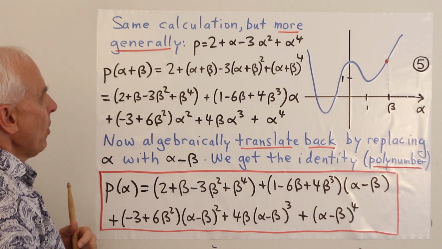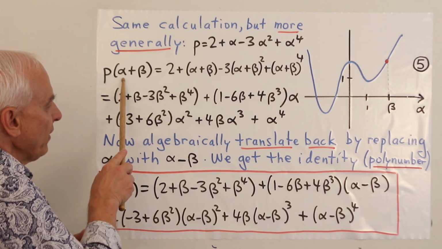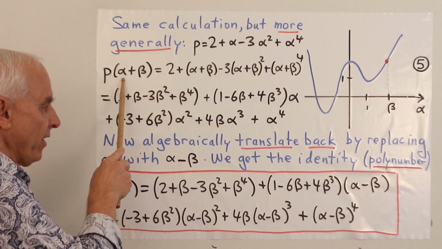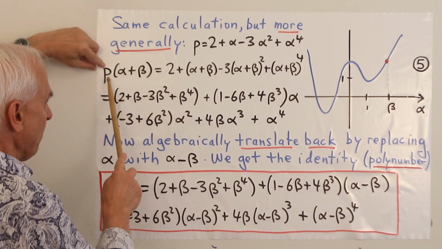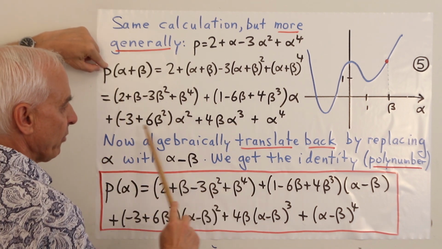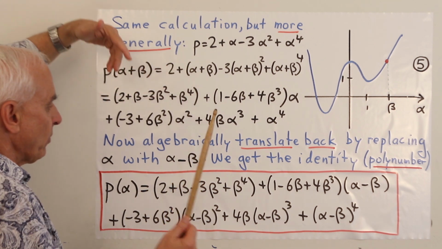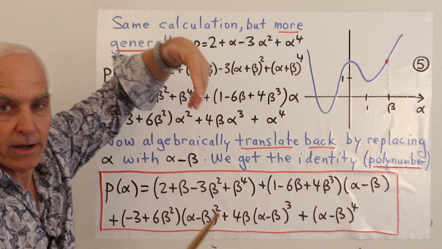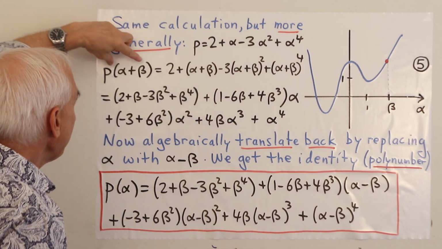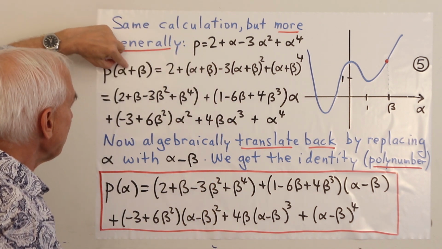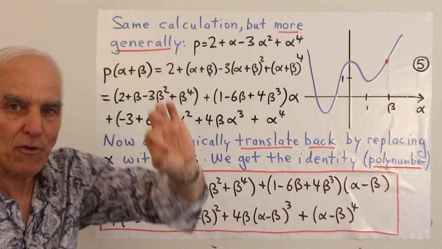You see, if in this thing here, if you think about replacing alpha, this is an identity, right? P of alpha plus beta is this expression. If you think about replacing every alpha with alpha minus beta, it will still be an identity. But then over here on the left-hand side, you'll have alpha minus beta plus beta. That's just alpha.